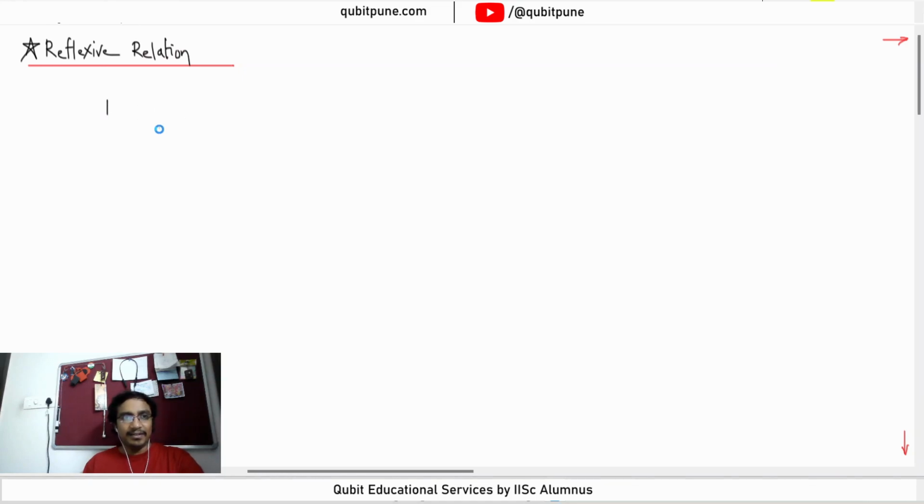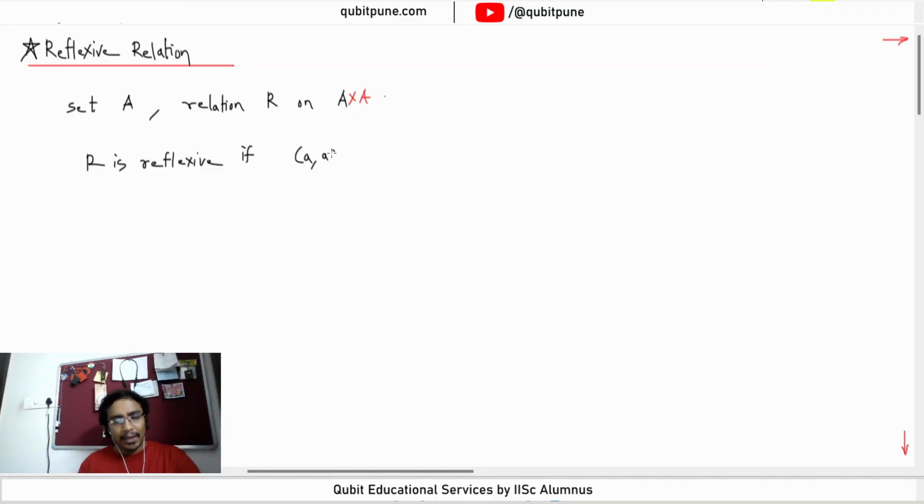Let's say, suppose we have set A and a relation R is defined on A. Now on A means on A cross A. So what is a reflexive relation? R is reflexive if (a, a) belongs to R for all values of a in A.